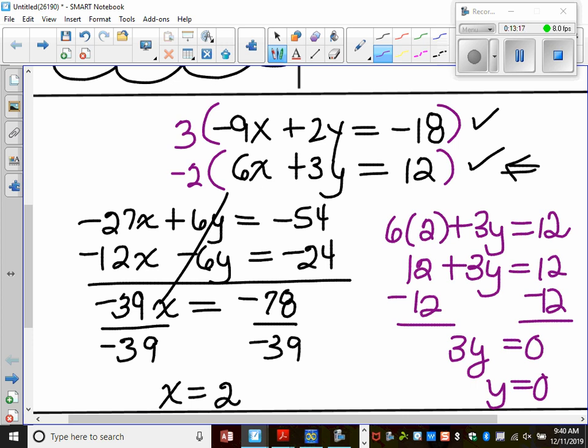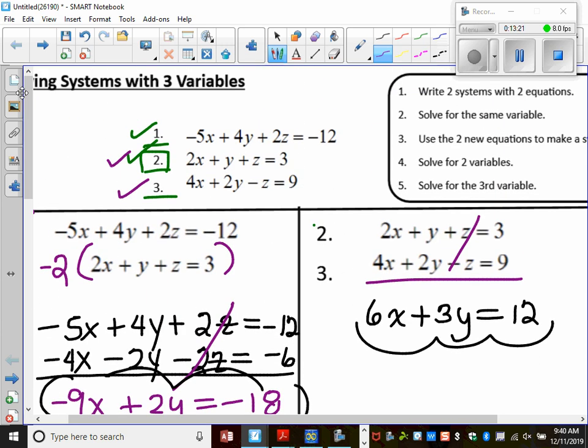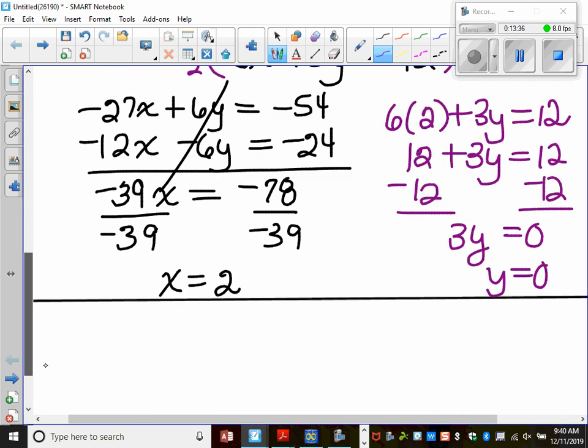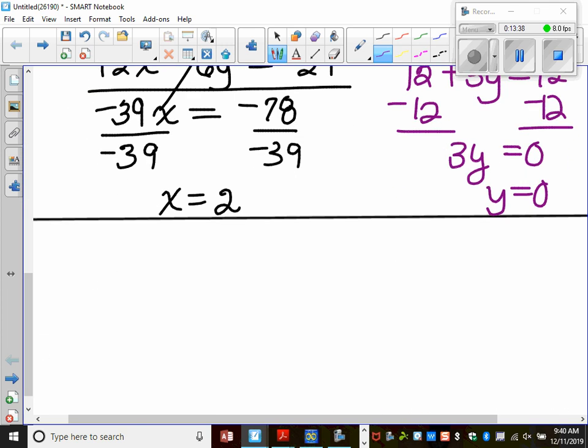Okay, so how do you think we're going to get z? Well, if I got x and y, I can plug it into any one of these now to find z. It really doesn't matter. Okay, I'm just going to use the first one, but you can use the second one, the third one. Again, it just doesn't matter. Okay. So I'm going to now say negative 5, because I'm using the first one, times 2 plus 4 times 0 plus 2z.